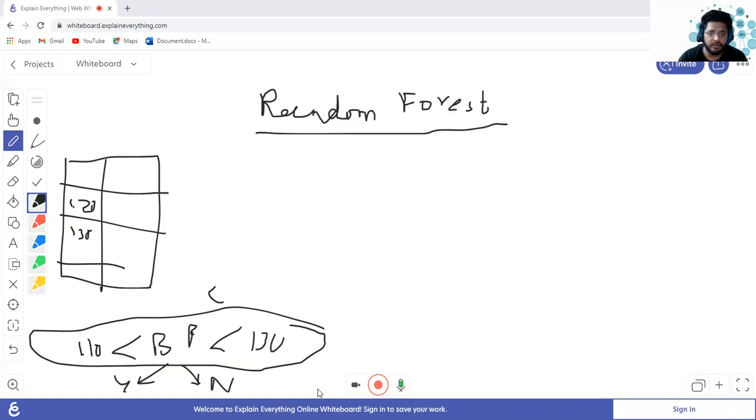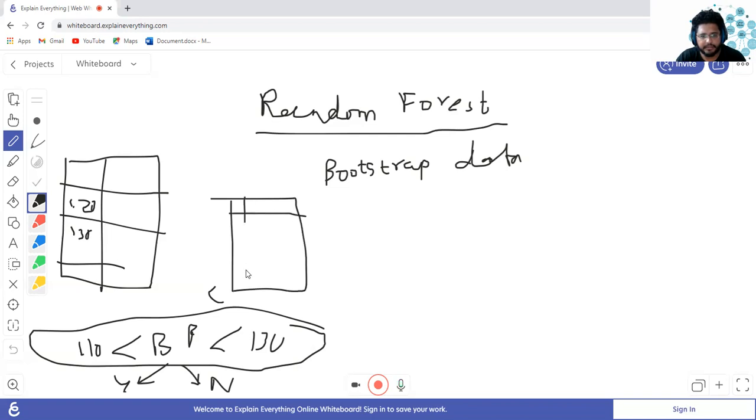Now we will see how to build a random forest. The first terminology you will know is bootstrap data. Bootstrap data means what? You have a huge set of data, millions of rows.